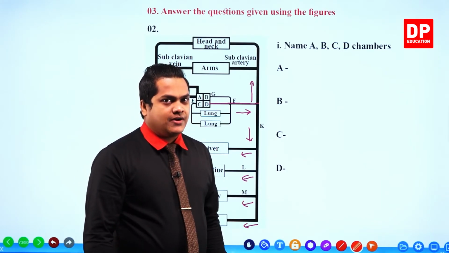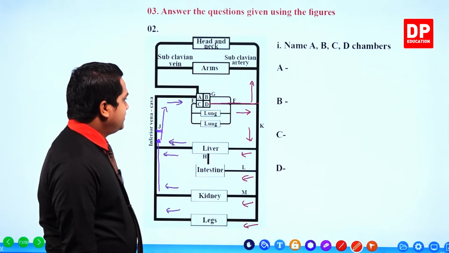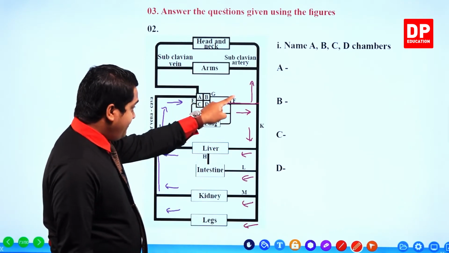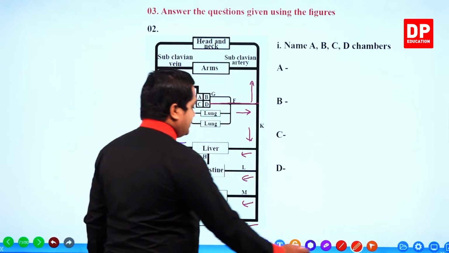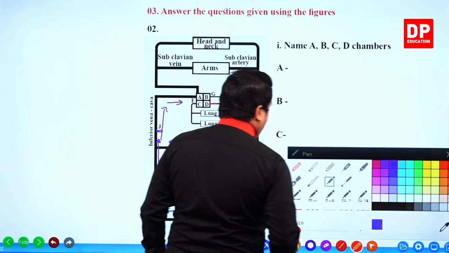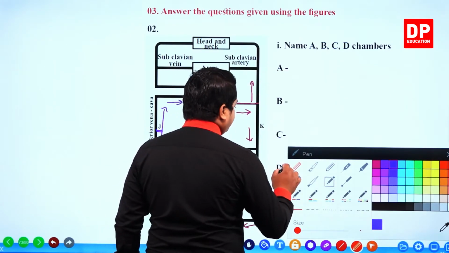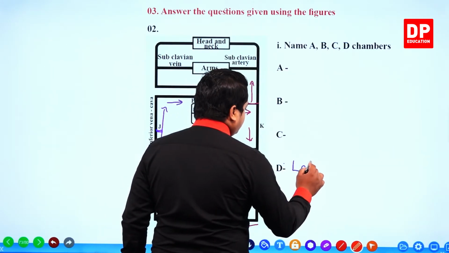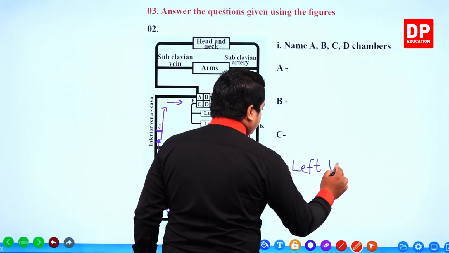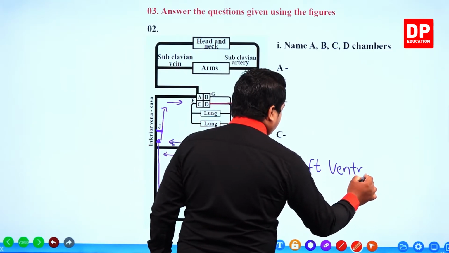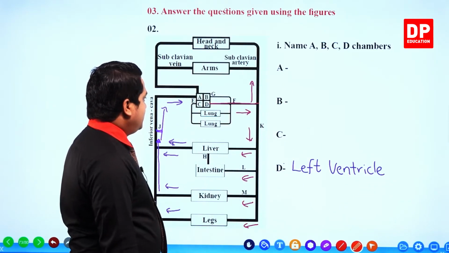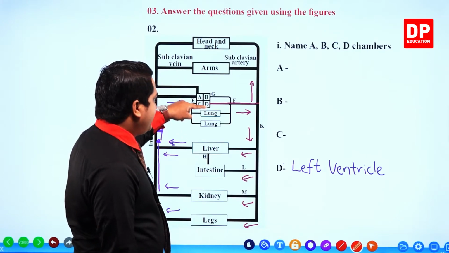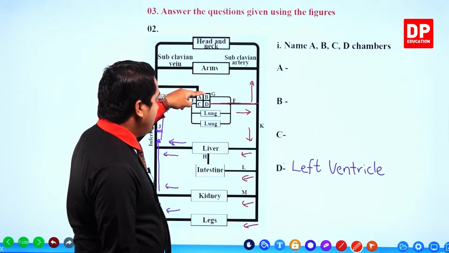F is the aorta, and D is the left ventricle. So we can write the answer: left ventricle is D. Then above D, you can observe the left auricle.